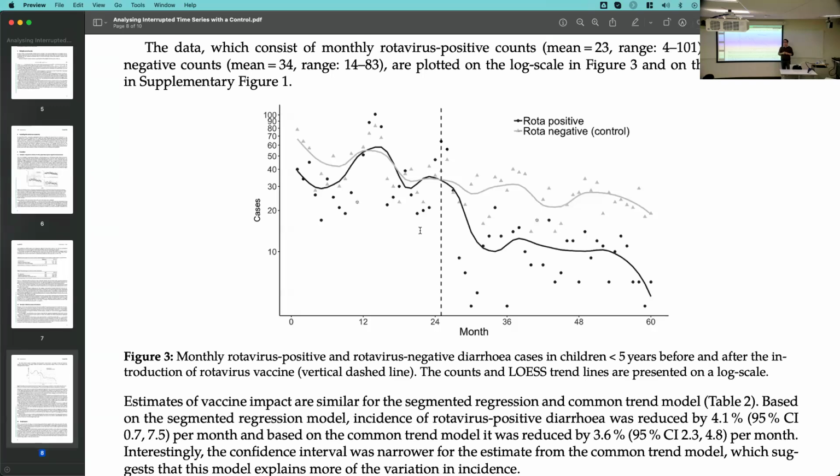This is what I would like you to remember from today's class, this idea of comparing to an appropriate control group that shares or has parallel trends in the outcome variable before the intervention. This is really a Nobel Prize idea, for real. They won one for this.